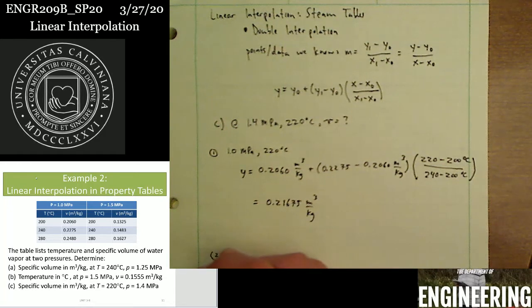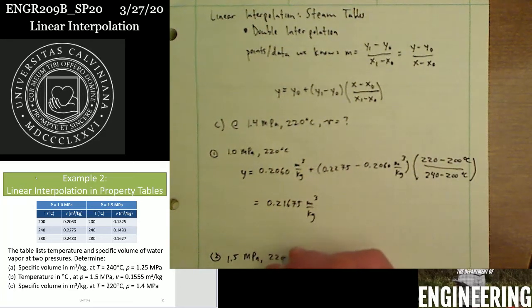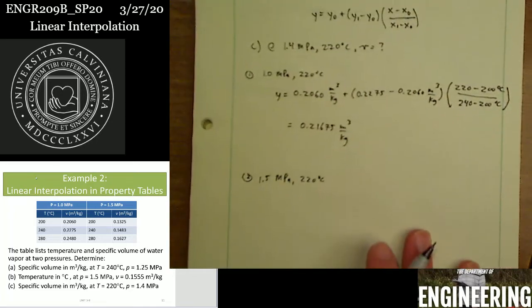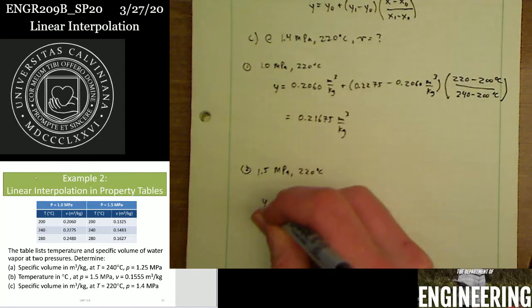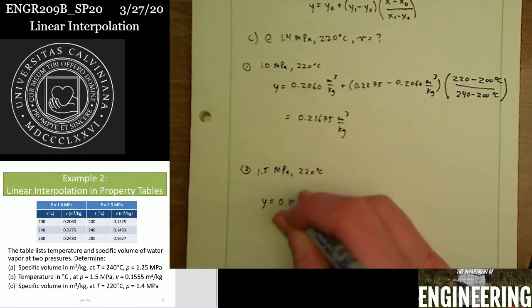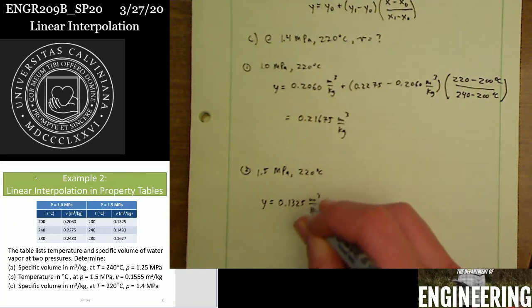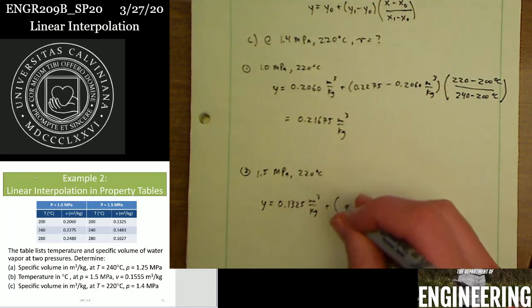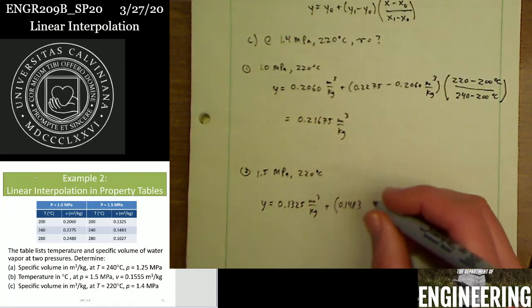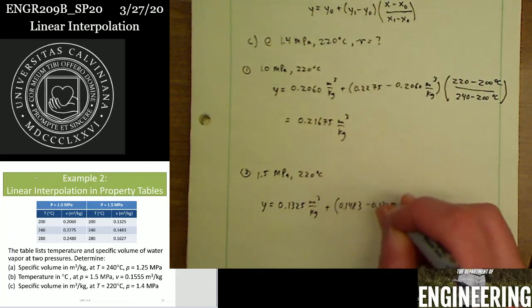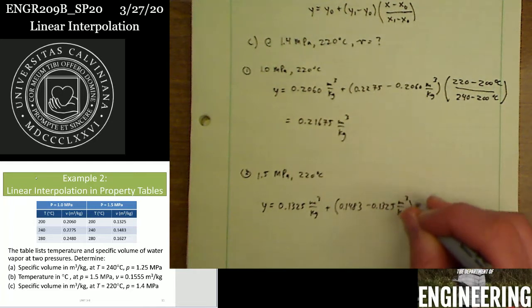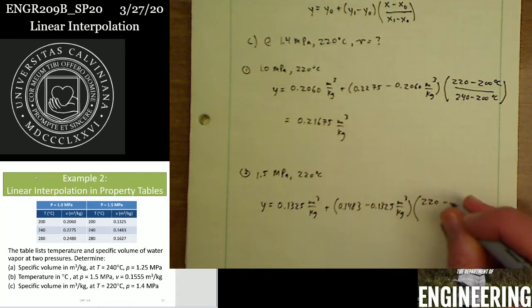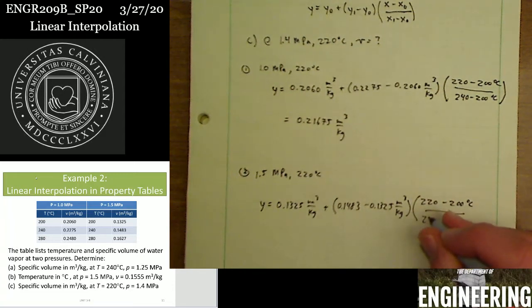The second one is now we want to find it at 1.5 megapascals and 220 degrees C. So for that, the specific volume is equal to 0.1325 meters cubed per kilogram plus 0.1483 minus 0.1325 meters cubed per kilogram times, again, our temperature of interest is 220 degrees C minus 200, so that's x minus x naught, over x1 minus x naught.